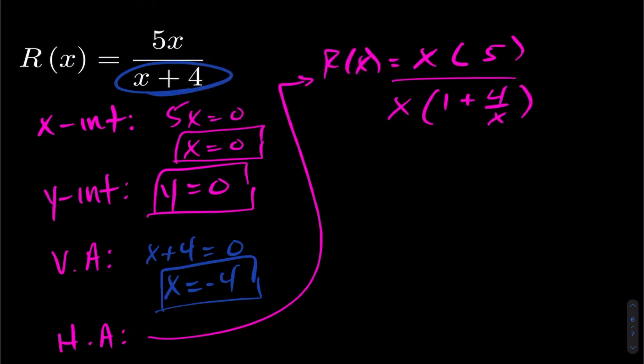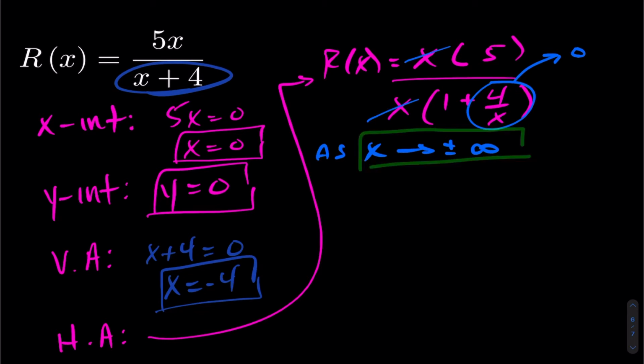As x tends towards positive or negative infinity, we can see two things. The first is that the 4 over x is approaching 0, and the x's can be canceled off. The x is never going to be 0 itself, because don't forget, 0 divided by 0 is not equal to 1, so those do not cancel off there.